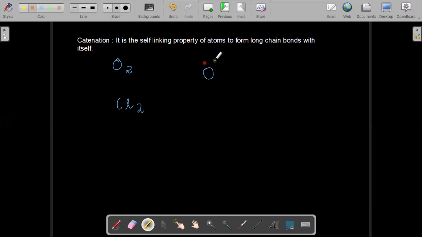Now when one oxygen combines with another oxygen, they must satisfy each other's valence. So either of the oxygen cannot donate the electron. If any one of them donates the electron, there will be a lack of electrons on that oxygen, right? So what happens here?